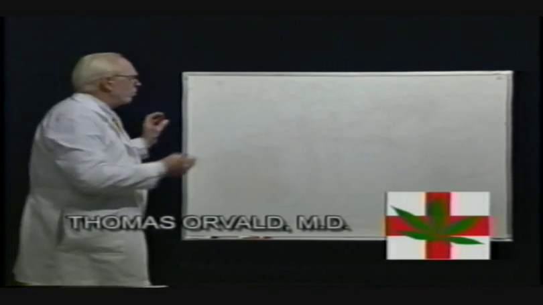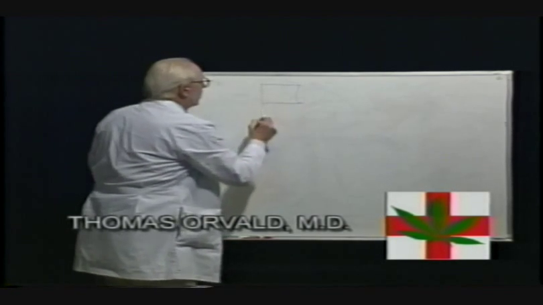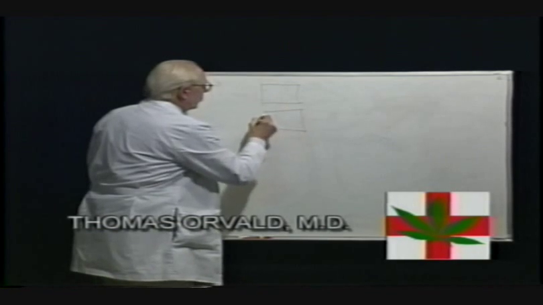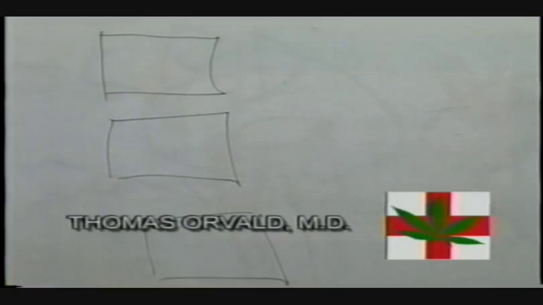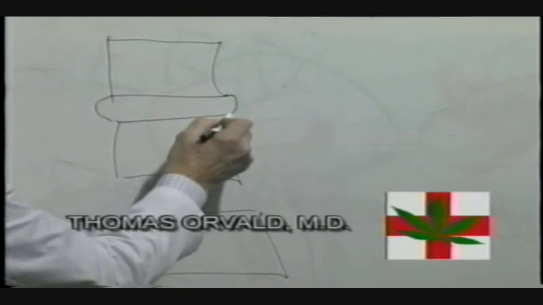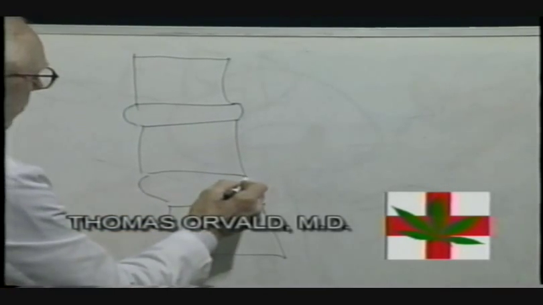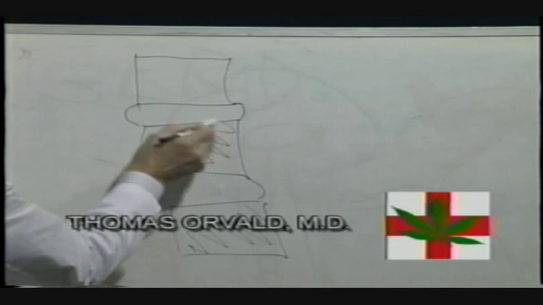And I'll show you a little bit of a diagram here. These are vertebral bodies, and in between the vertebral bodies, as shock absorbers, we have discs. And this just gives you an idea of what our problems are.